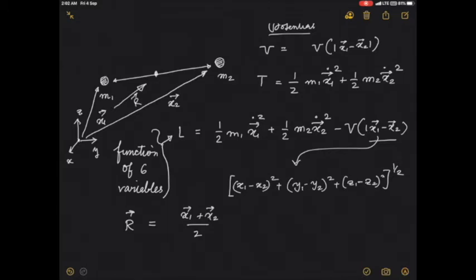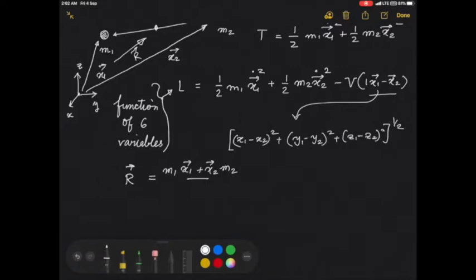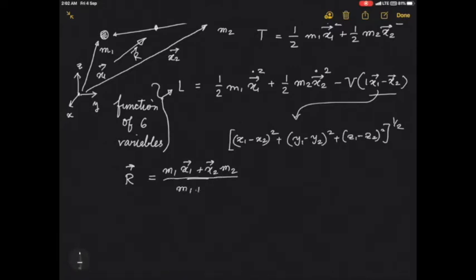Well, actually, I must be careful because they have different masses. I define it to be the center of mass coordinate. So I don't have x1 plus x2 by 2, but rather m1 x1 plus m2 x2 by m1 plus m2.